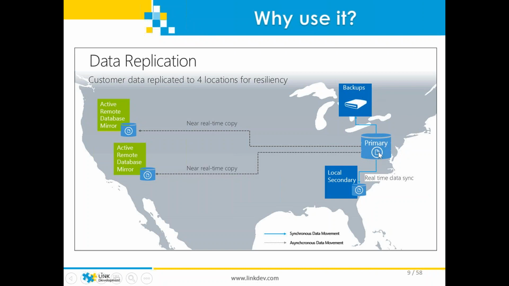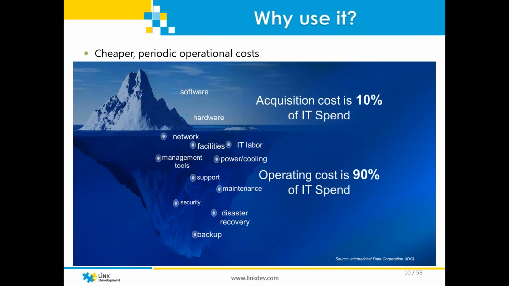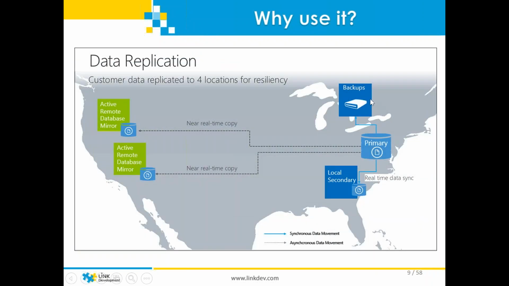And then your data is copied in near real time to a different part of the continent. So if you are on the East Coast, it's copied to the West Coast, so that if a disaster happens near your server, your data is still secure. Okay, so this is great and very important. Actually, I'm sorry, I mentioned that this is daily. No, it's not daily. This is synchronous. It's real time.